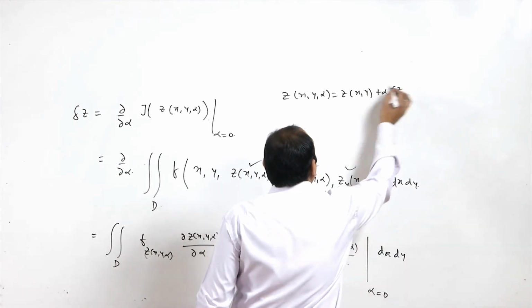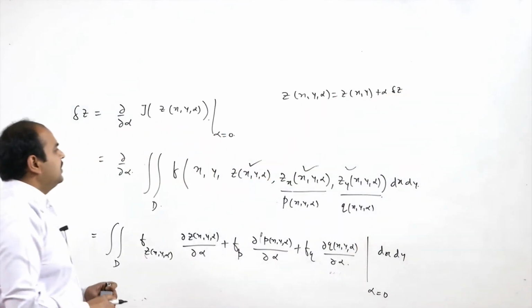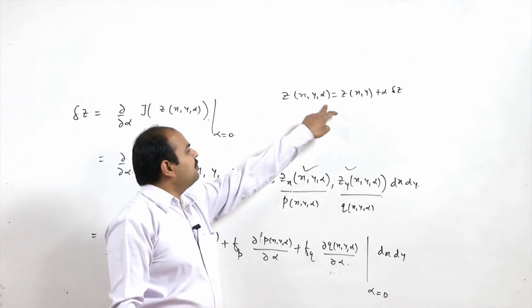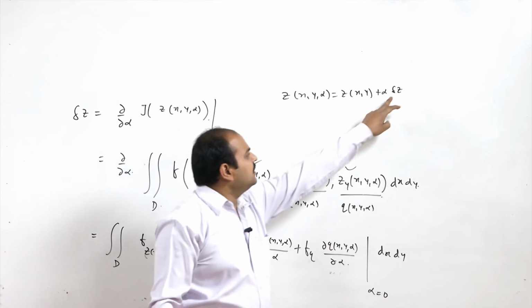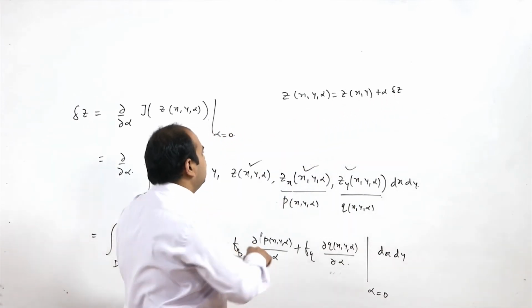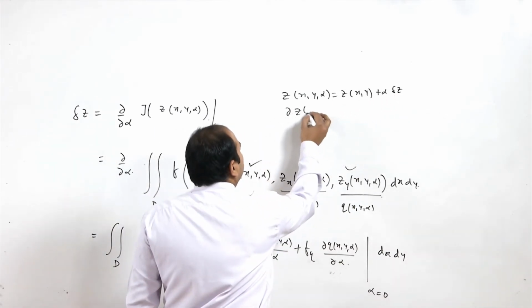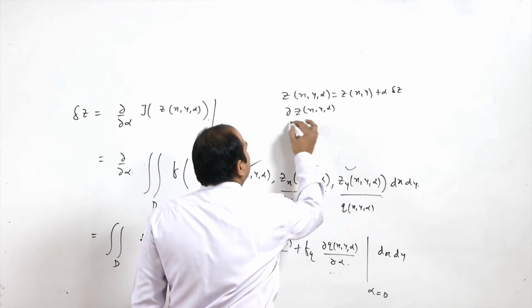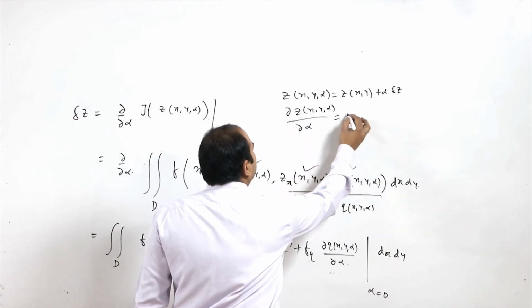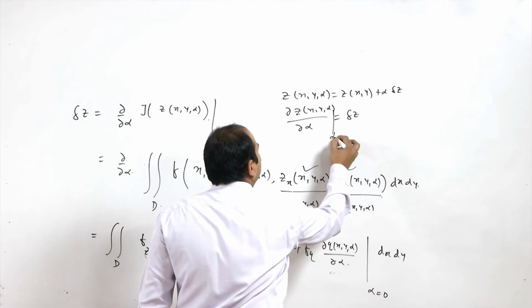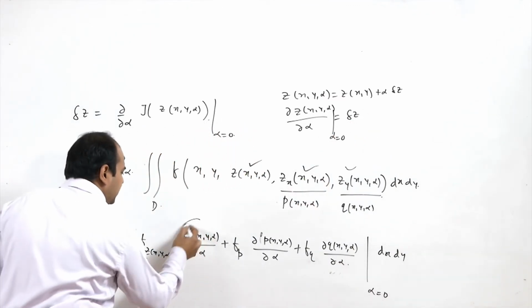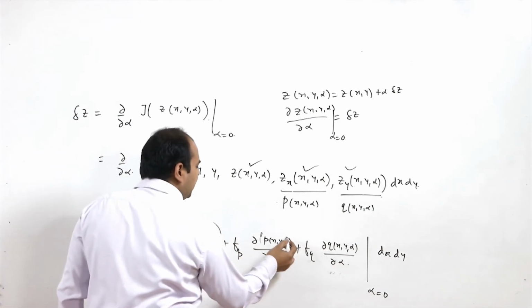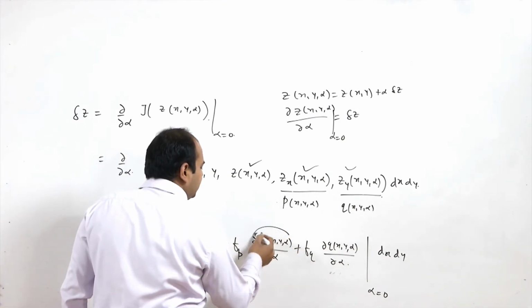So when you find the derivative of this z(x,y,α) with respect to alpha and put alpha equal to 0, you will get that ∂z(x,y,α)/∂α is coming out to be delta z. So at alpha equal to 0 also it is coming out to be delta z.